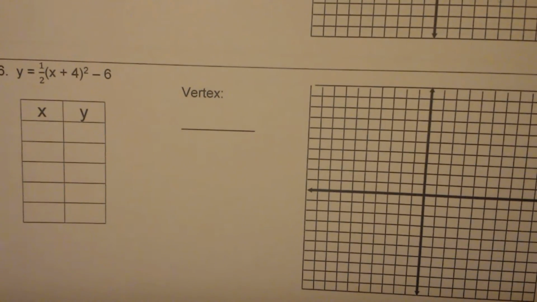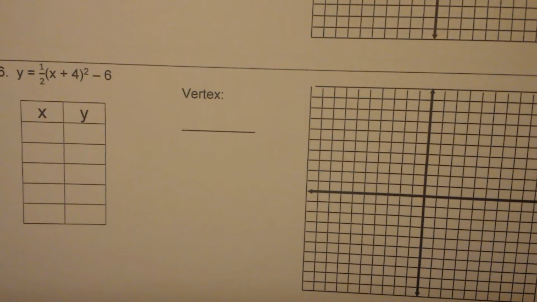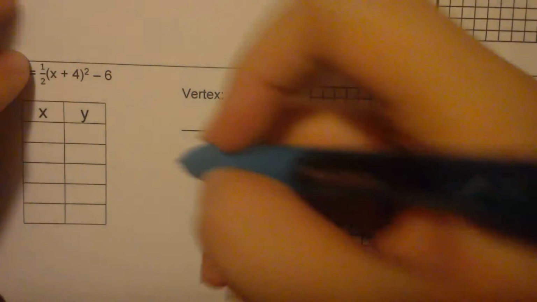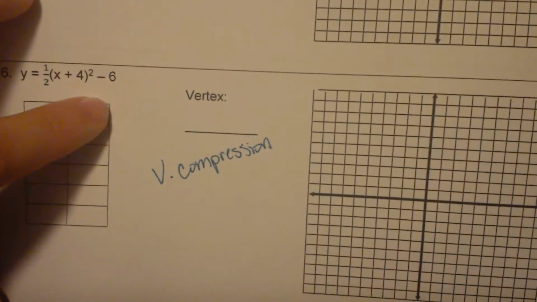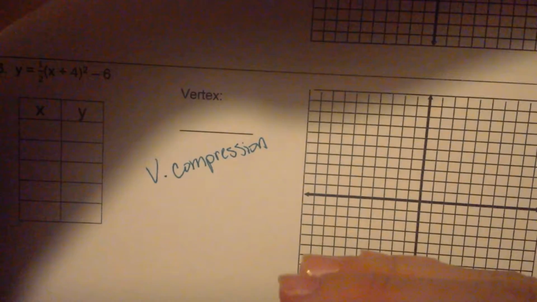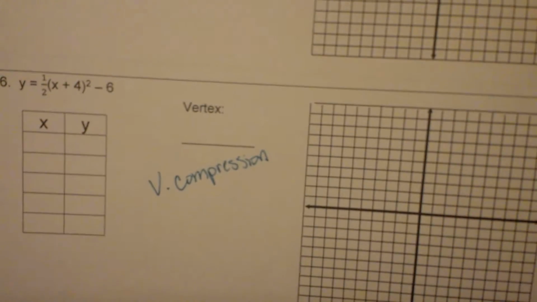So the next example, I have a fraction thrown in there. So a is positive, but it's less than 1, so that's a vertical compression. So that means I got the top and I got the bottom and I squished them down.